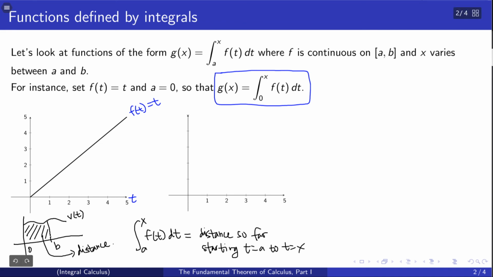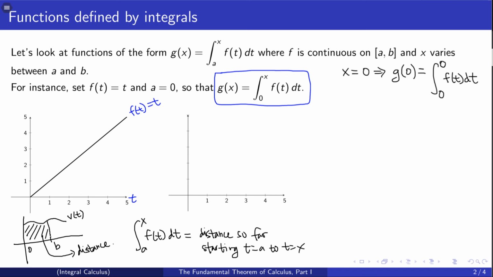Okay, so what does that mean? Let's compute a few values for this function, starting at, say, x equals 0. When x equals 0, what is g of 0 equal to? Well, the function says take that value of x, which is 0, plug it into the upper limit, and evaluate the integral.